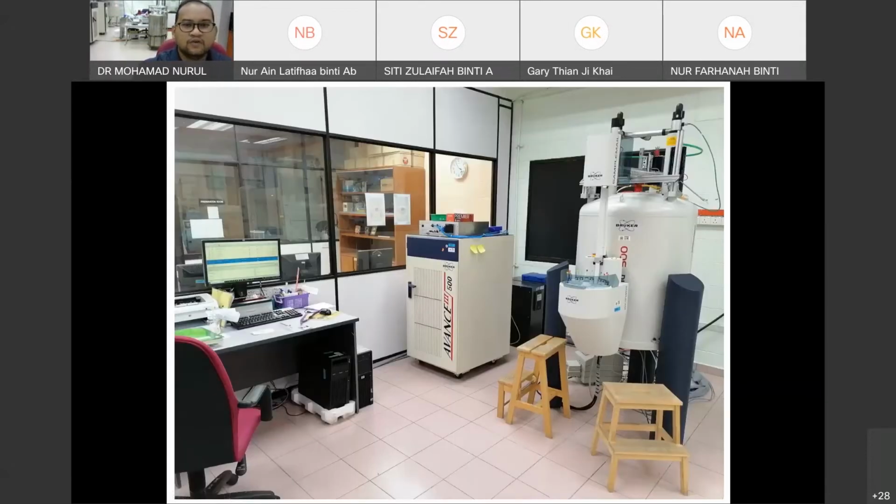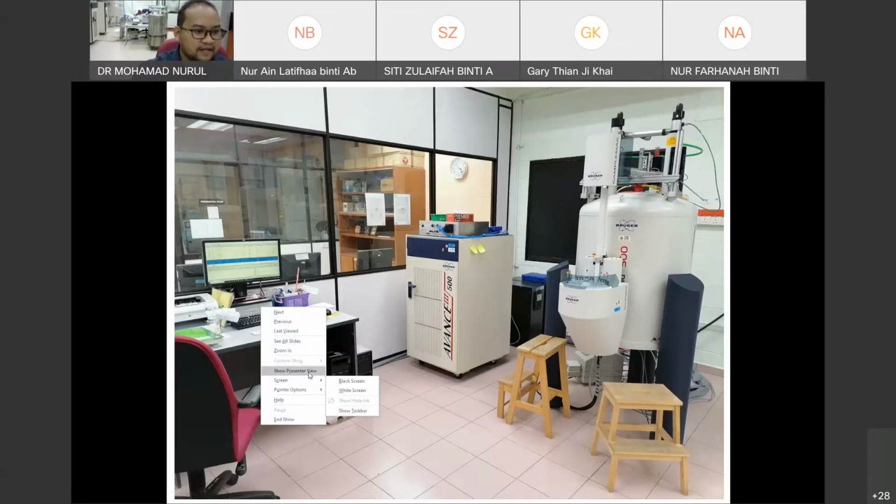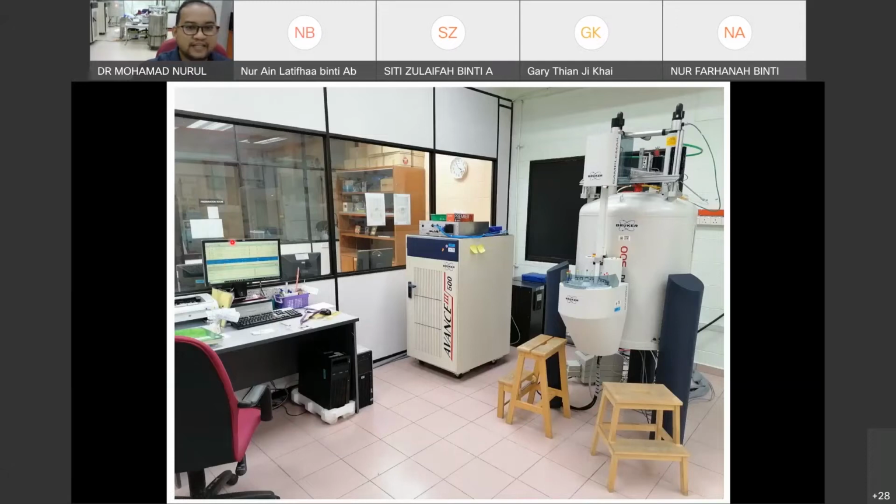So these are the units. I'm sitting here, actually in front of the NMR machine. This is the console, the brain of the NMR, and this is the spectrometer magnet. Normally, if you see this lamp is green, it means the system is okay.